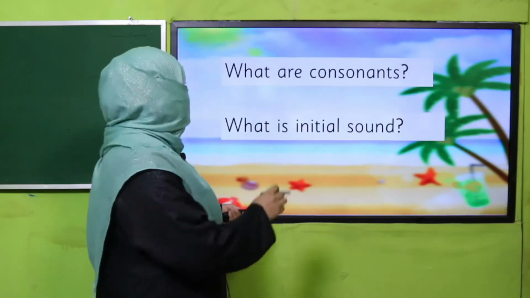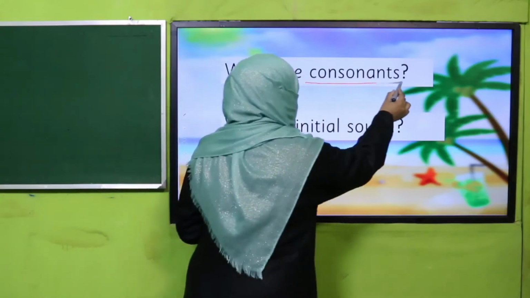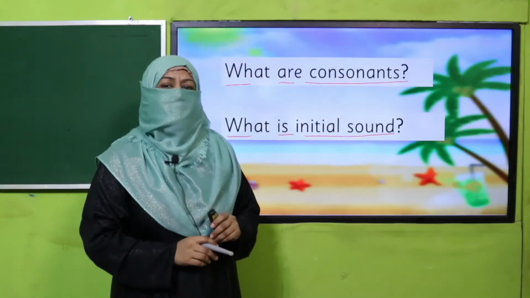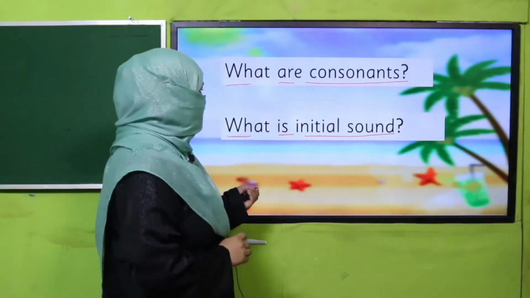So you tell me, what are consonants and what is initial sound? We have learned both concepts, so pause the video, answer these questions to your teacher and then come back. Yes, my dear students, I hope you could answer correctly.